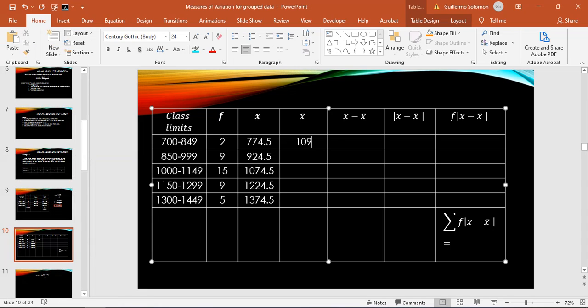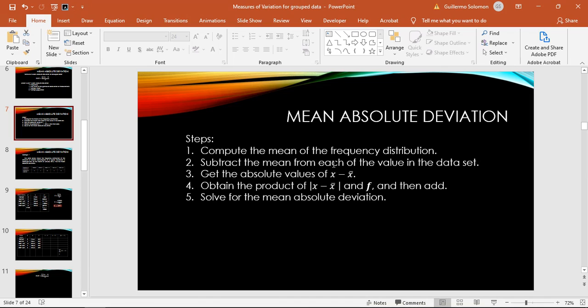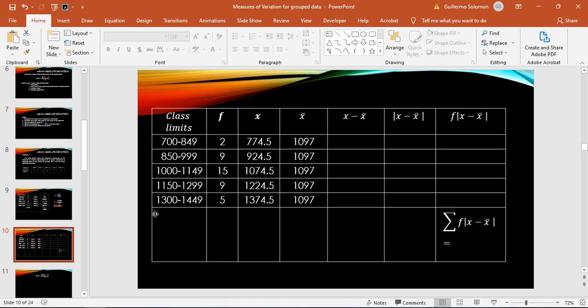Lagay lang natin dito for reference. Okay? So, yan. Sabi sa step 2, subtract the mean from each of the value in the dataset. So, each of the value of the datasets, isa-subtract natin tong si mean dito sa class mark.